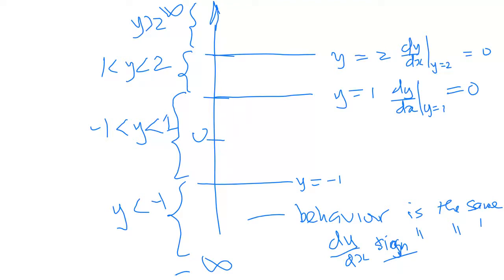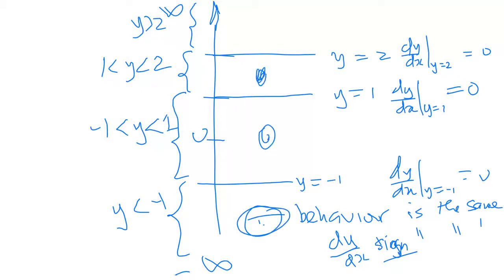So at all the null-clients, the derivative is 0. So we want to now check what is the behavior here, and here, in terms of the signs of the derivatives. All right. So how do you do it?